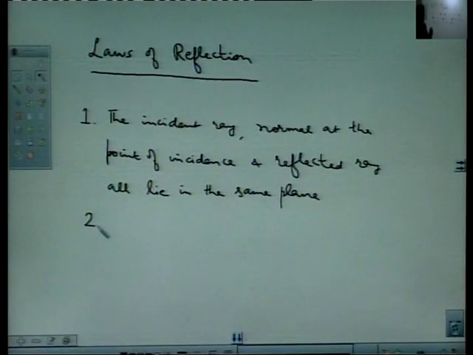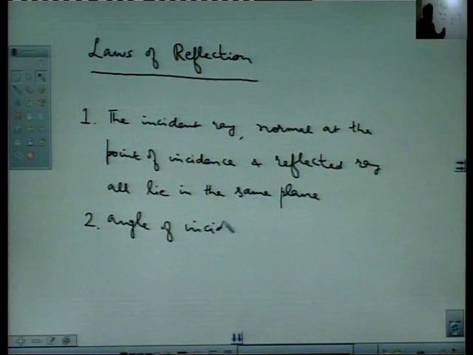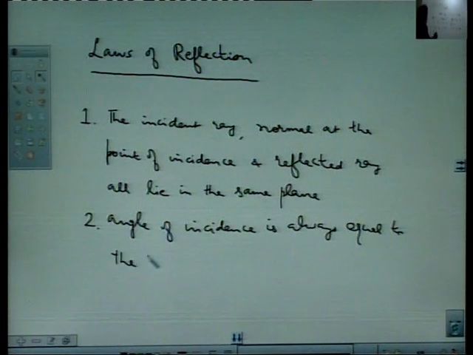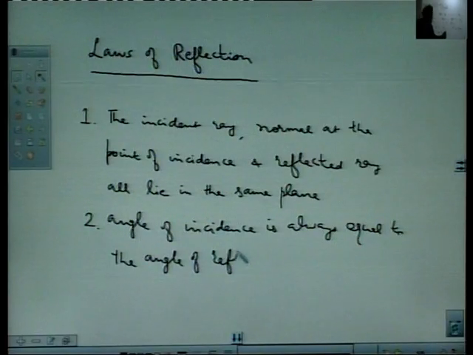And the second law is the angle of incidence is always equal to the angle of reflection.